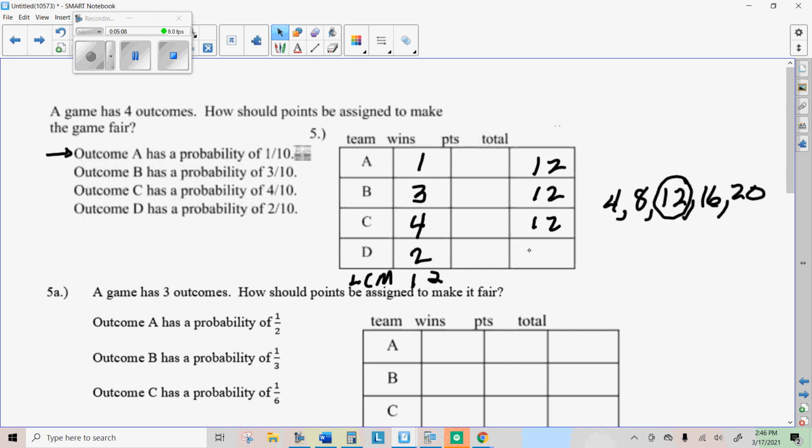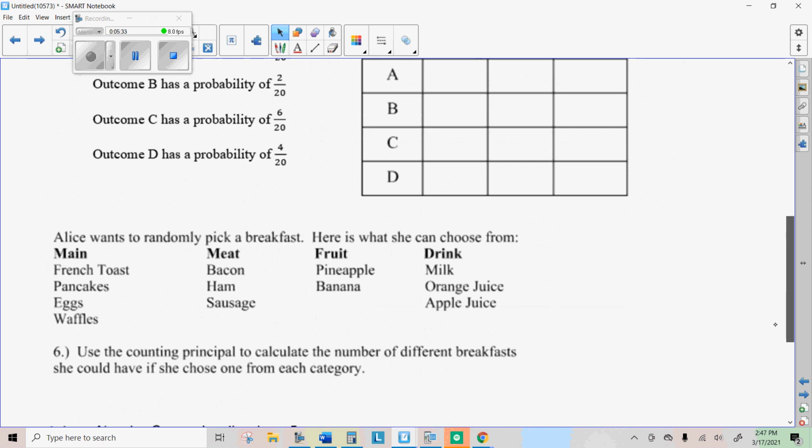And we want everybody to get the same number of total points. So for Team A to get 12 total points with their 1 win, we have to multiply by 12. For Team B, we have to multiply by 4 to get that 12 total. For Team C, we have to multiply by 3, and for Team D, we have to multiply by 6 to get that 12 total. All right, you can try a couple of those.